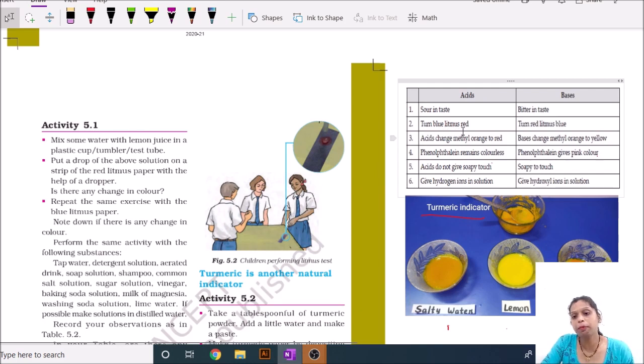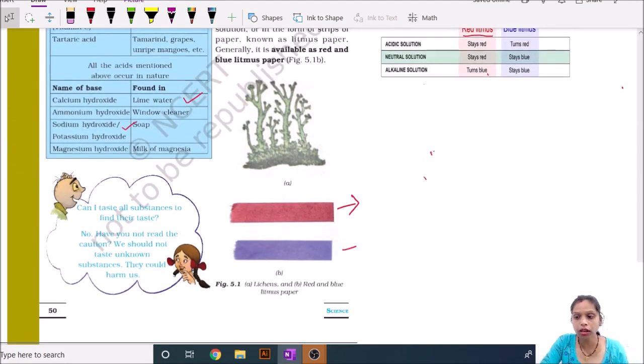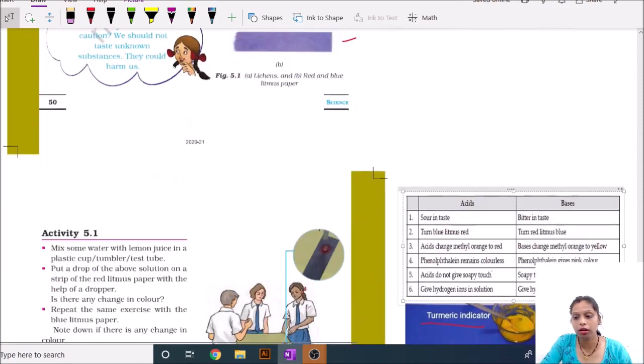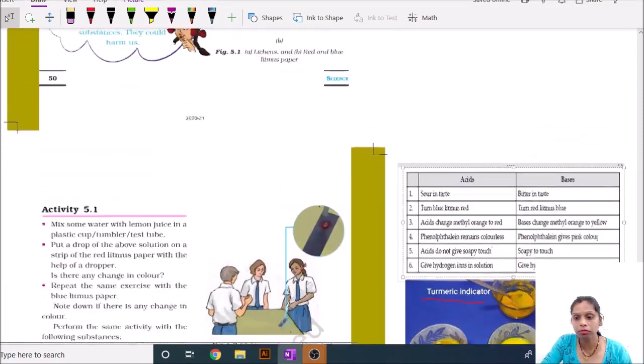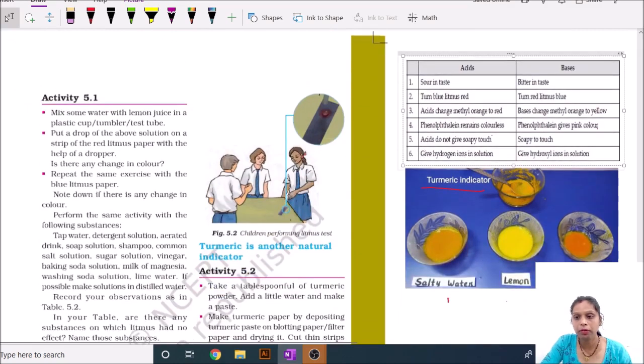Acid turns blue litmus paper red, whereas base turns red litmus paper blue. Acid changes methyl orange into red, and base changes methyl orange into yellow. Phenolphthalein remains colorless in acid, whereas it gives a pink color in base solution.